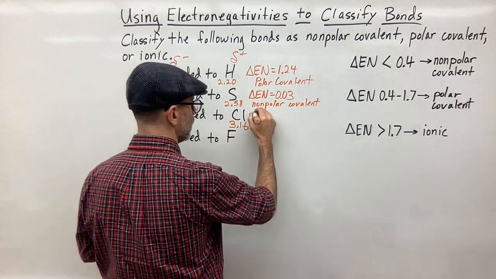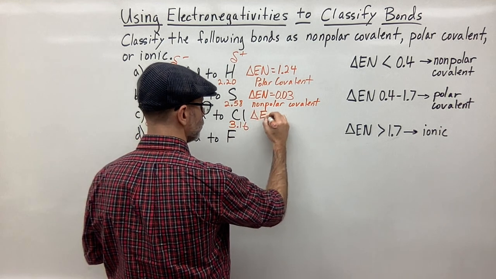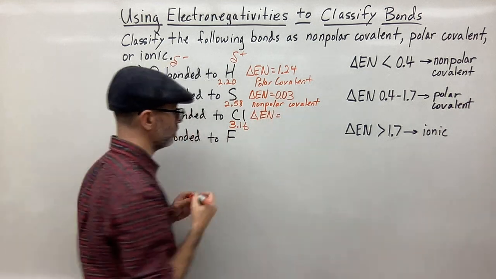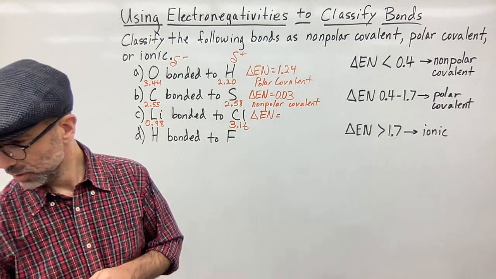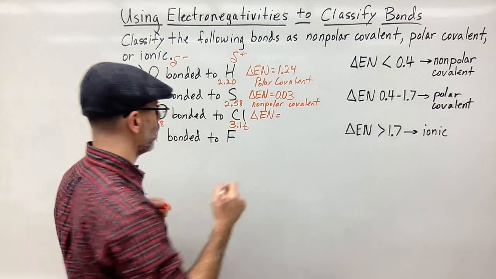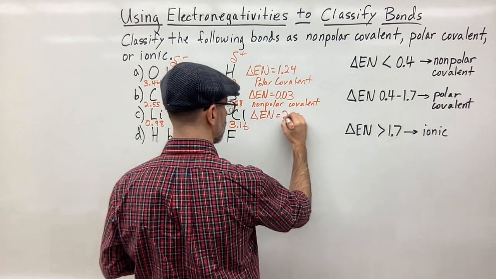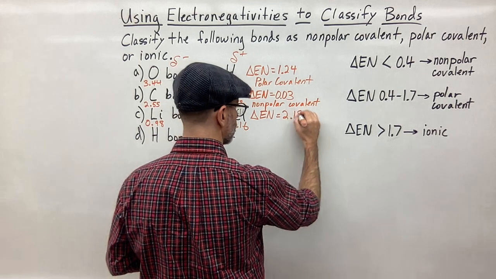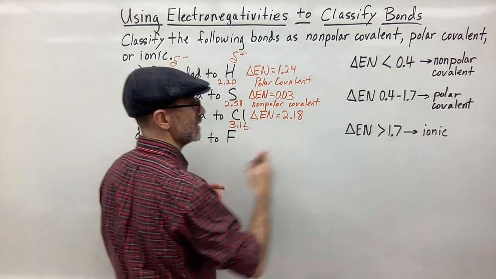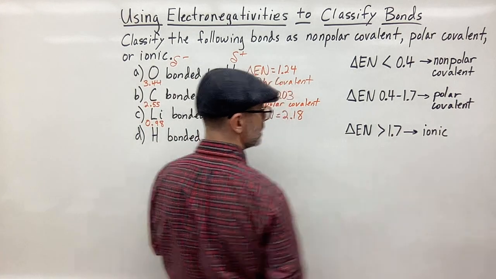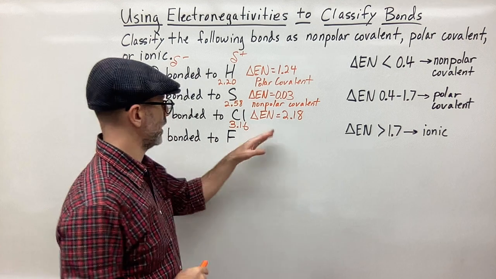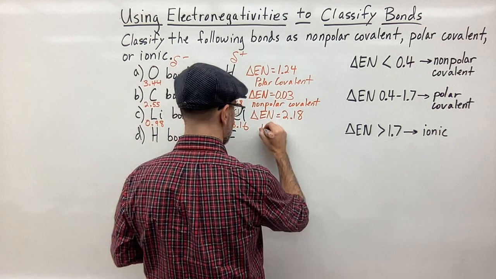So the difference in electronegativity is going to be equal to 2.18. And so we see it is indeed above the 1.7. So therefore it is indeed ionic.